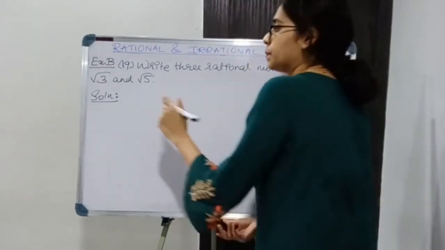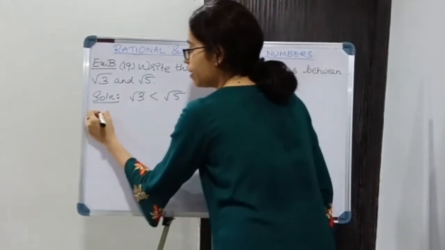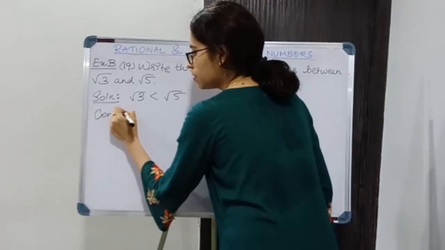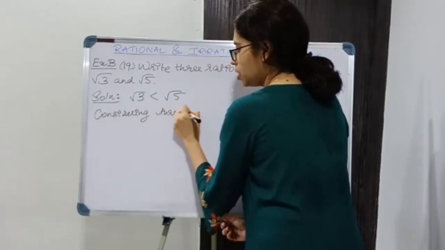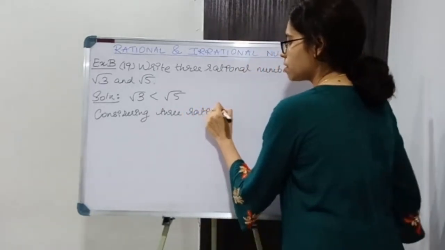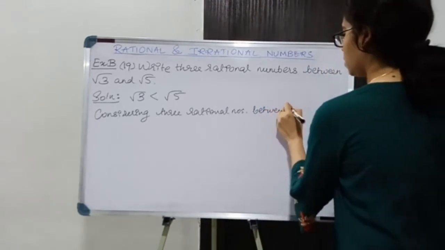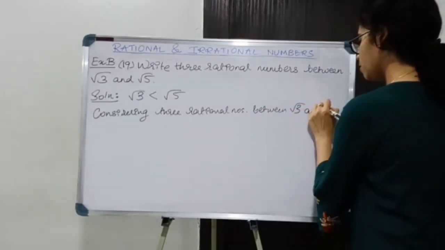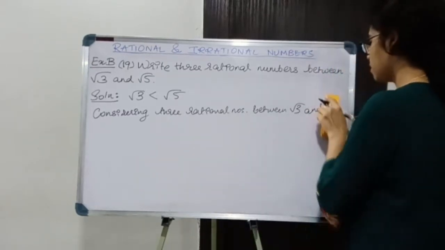So square root of 3 is less than square root of 5, considering 3 rational numbers between root 3 and root 5.